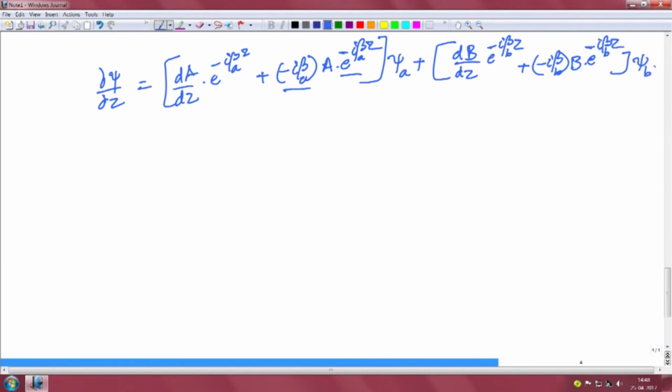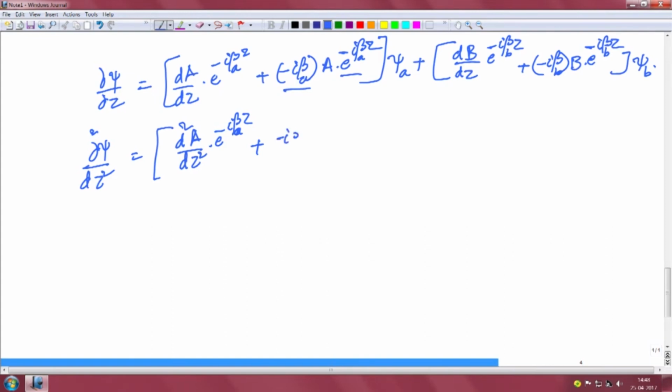Now we need the next derivative of this, d square psi by dz square. So the second derivative with respect to A, plus retaining dA by dz and differentiating this, that means the same term.